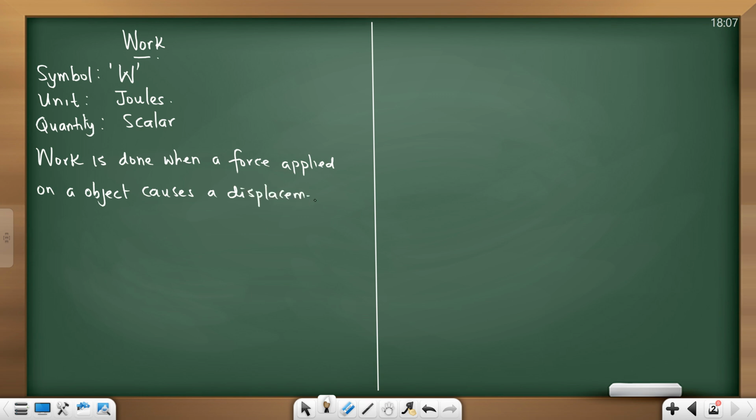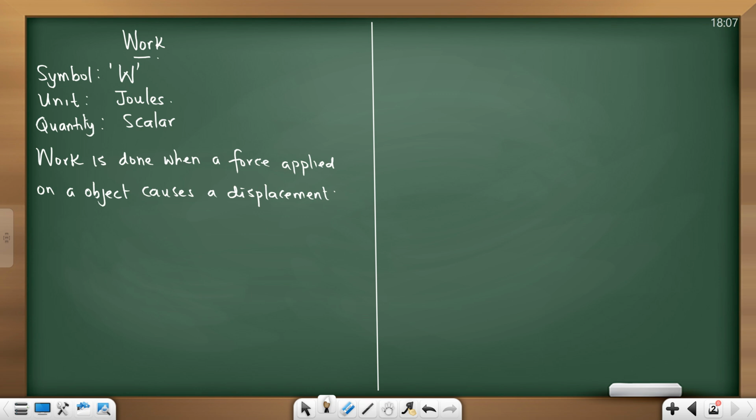Because I mentioned force now, we're going back to grade 11. Displacement means distance from a reference point.